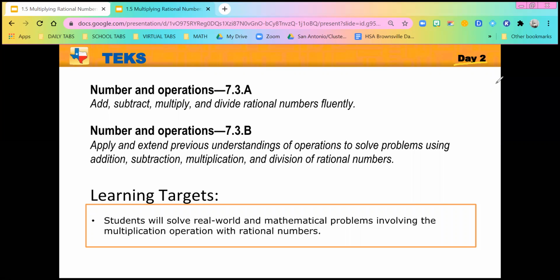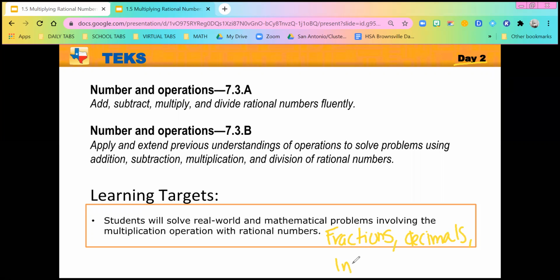Here's our day 2. We are going to, again, solve real world problems with the multiplication operation with rational numbers. This is just a big fancy word for fractions. We could have fractions, and for sure we might have some decimals later on.